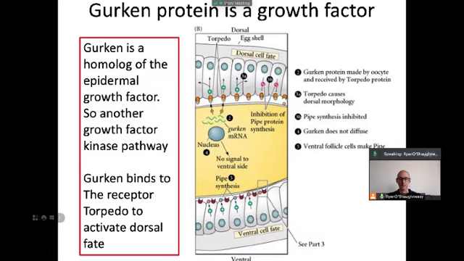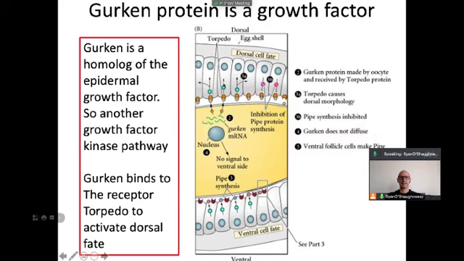So what happens step by step is that Gurken is deposited in that dorsal part of the developing oocyte, and then at fertilization the Gurken protein stays there until mid-blastula transition, when we get cellularization. Oh sorry, my mistake.